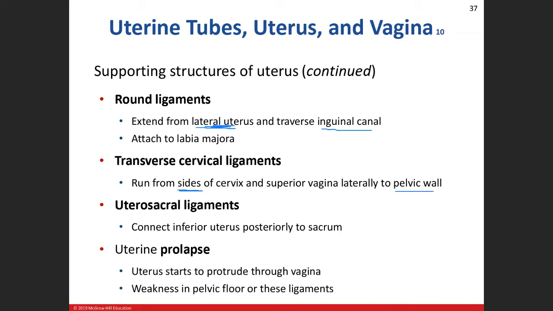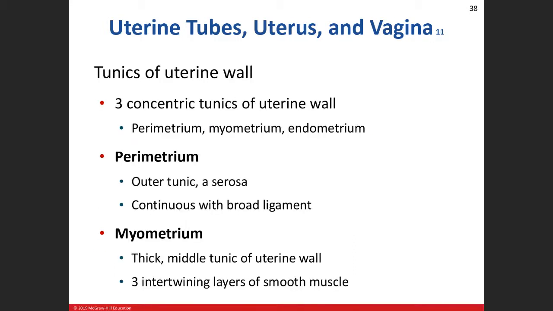The uterosacral ligaments are going to attach to the sacrum, and then, of course, like I was saying with the prolapse, unfortunately, it has to do with the weakness of those pelvic floor muscles that'll allow part of the uterus to protrude through those weakness areas in the pelvic floor out through the vagina.